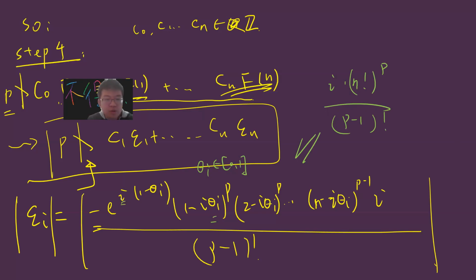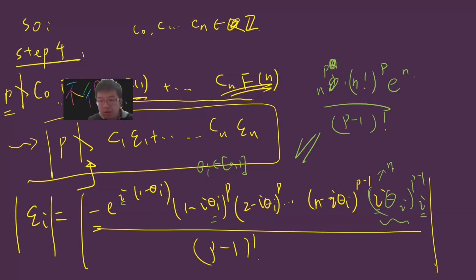I can choose the largest i to be n, so I get exponential n. And I don't care about this i, I can just choose it to be n. Oh sorry, I forgot a term, which is i theta 1 p minus 1. If it contains this term, then you can just replace i with n, so it's n to the p minus 1. There's an i here, so combine these two, you get n to the p.